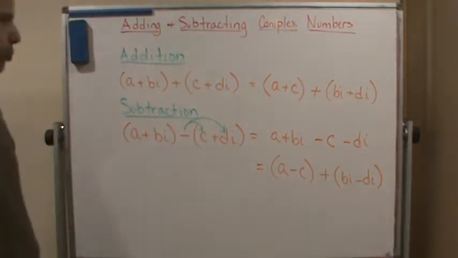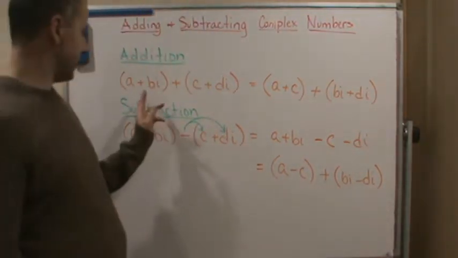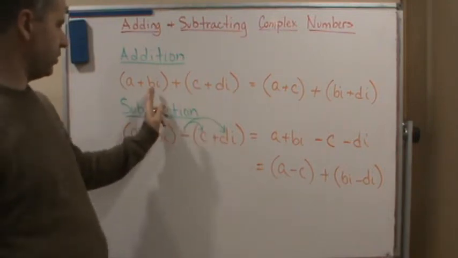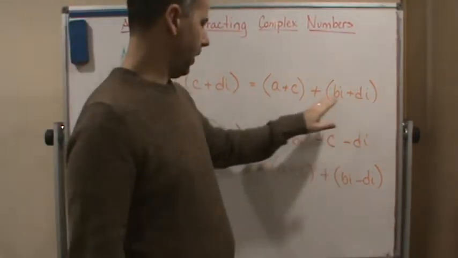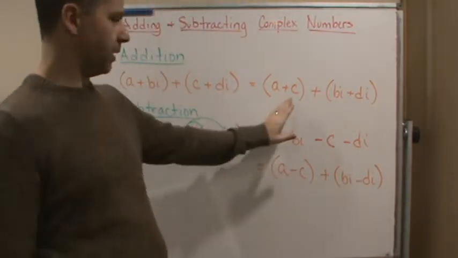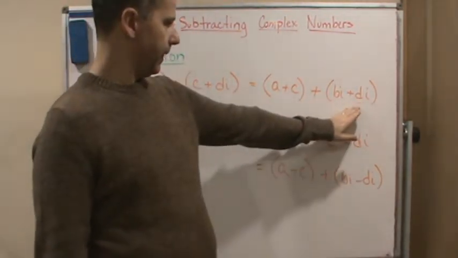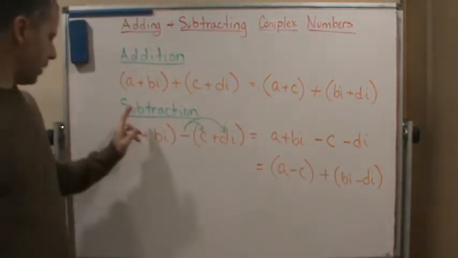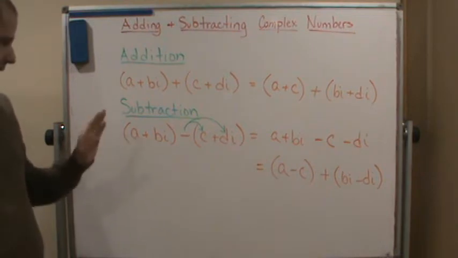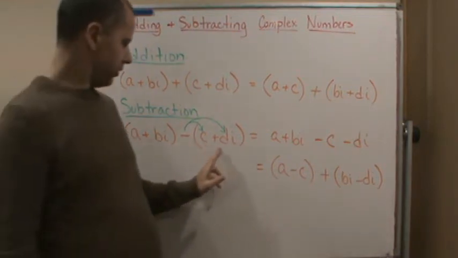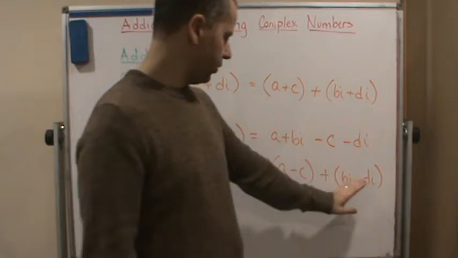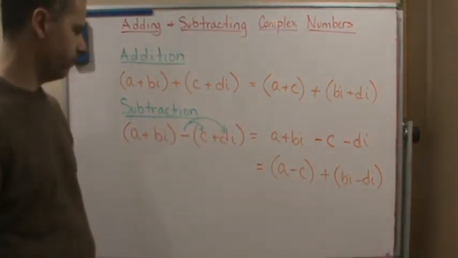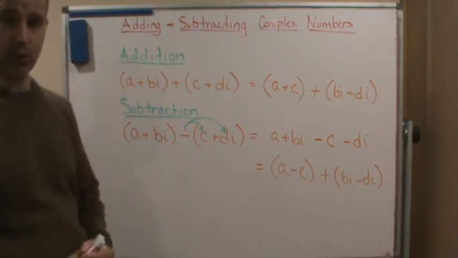So if you're adding complex numbers, you're just adding the reals and adding the imaginary parts with a plus sign in the middle. With subtraction, you subtract the real parts and subtract the imaginary parts with a plus sign in the middle. And that's how you add and subtract complex numbers.